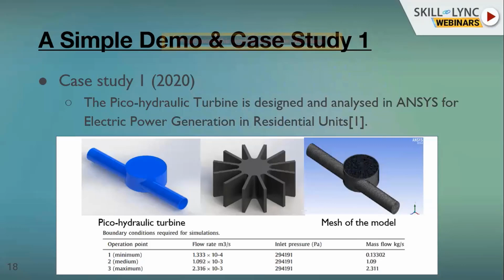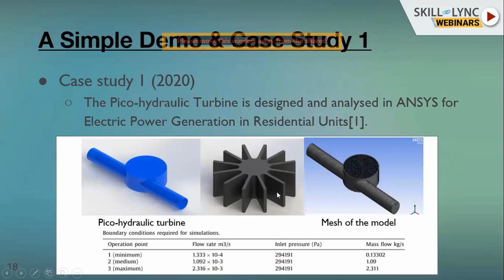Since the boundary condition influences the operation of the turbine, three runs were carried out corresponding to 3 points of operation, so as to obtain the output pressure and hydraulic power. We can see here, this turbine has 12 straight blade rotors.